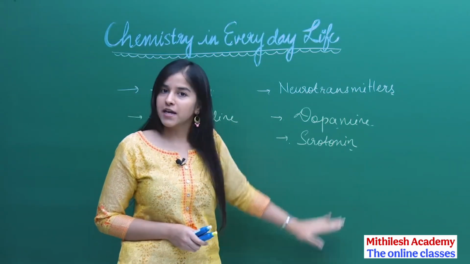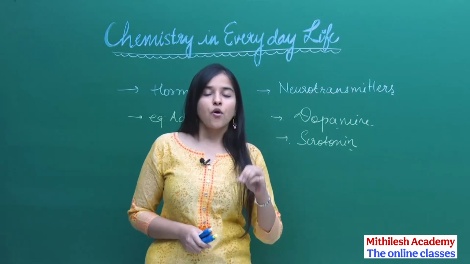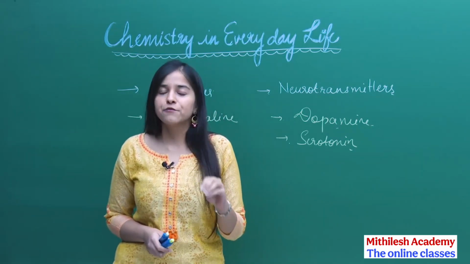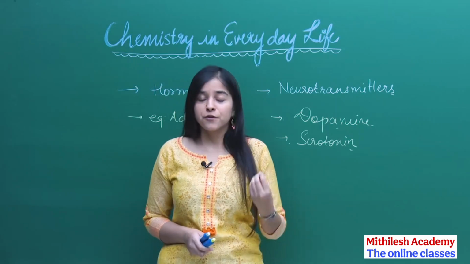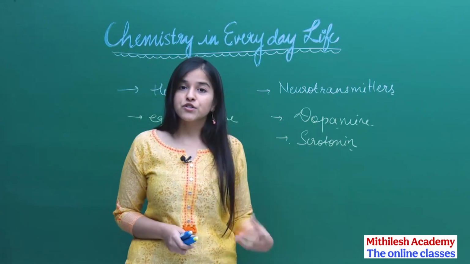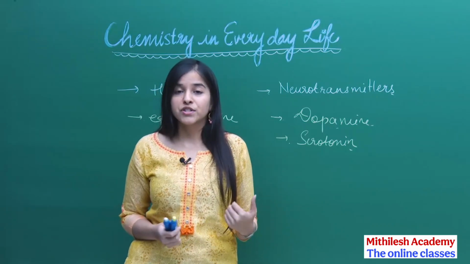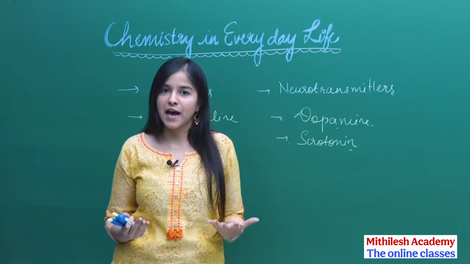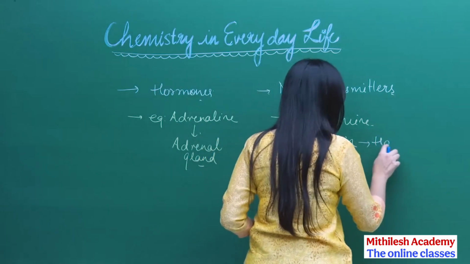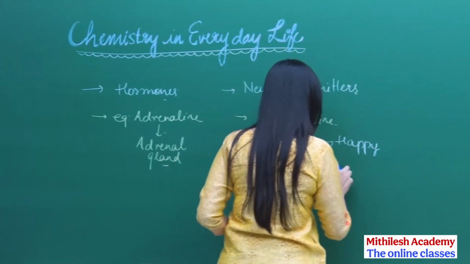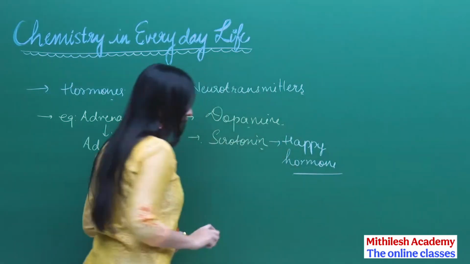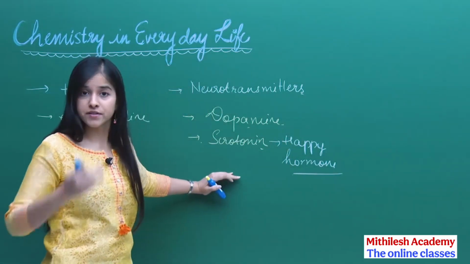It is also known as the happy hormone. That is why whenever we are depressed and at that moment we eat something, we feel good. Why? Because of the release of this hormone, which stimulates our brain and makes us feel happy. So that is why it's known as the happy hormone. It gives us a sense of pleasure.